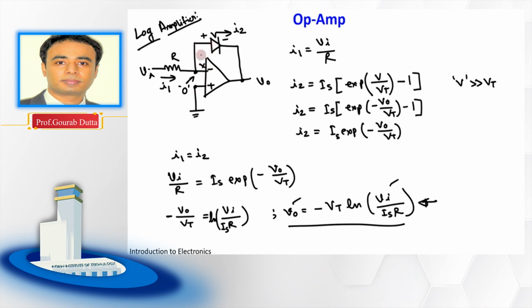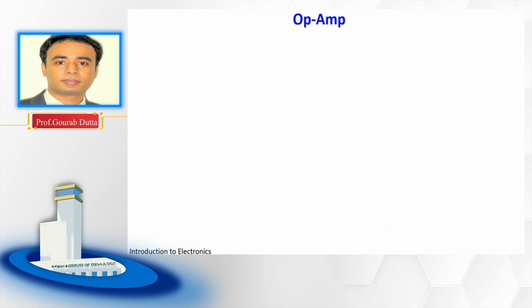So in the next page, let us try to interchange the position of the resistance and the diode. Here we are planning to interchange the position of the diode and the resistor. You remember this non-inverting terminal was grounded, so we'll keep it like that.